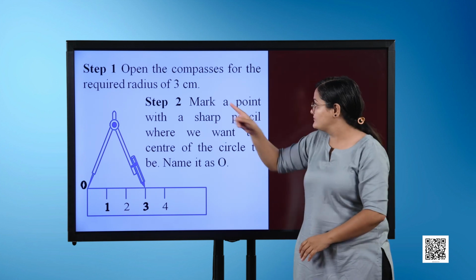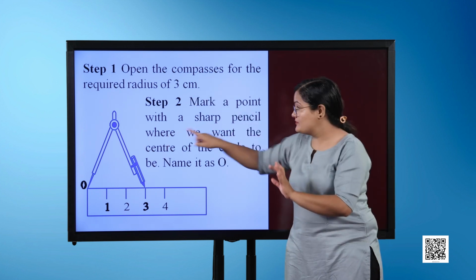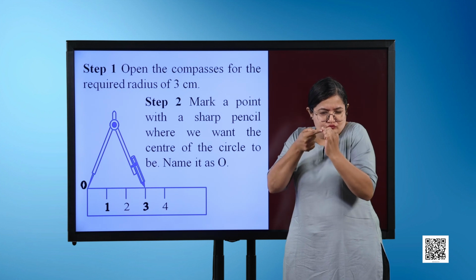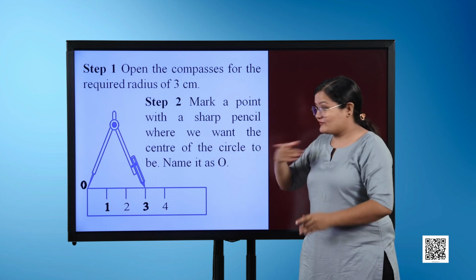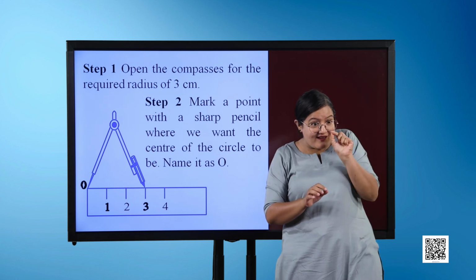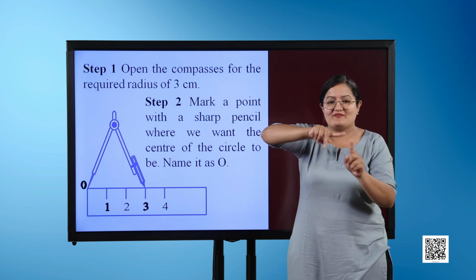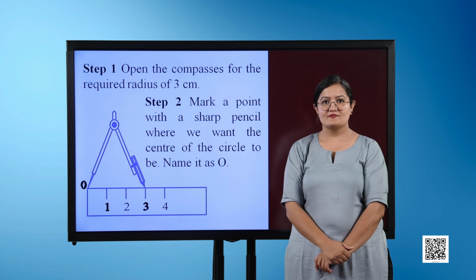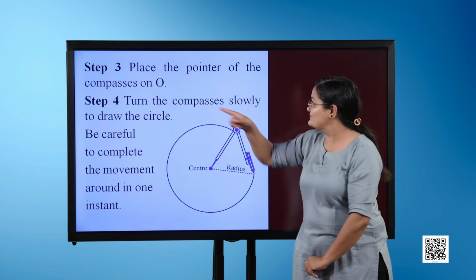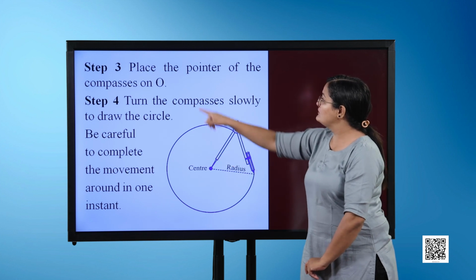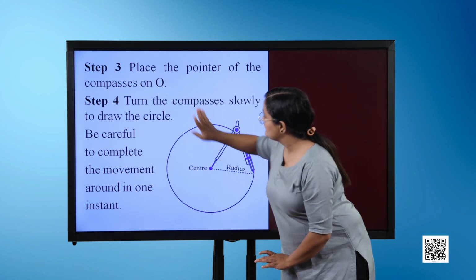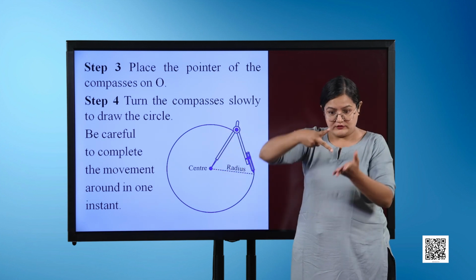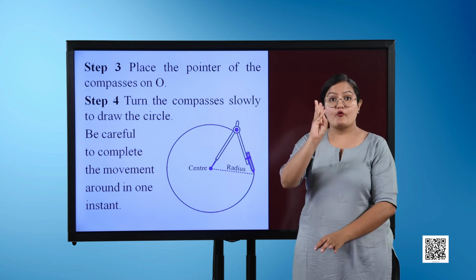Step 2. Mark a point with a sharp pencil where we want the center of the circle to be. Name it as O. Step 3. Place the pointer of the compasses on O. Step 4.